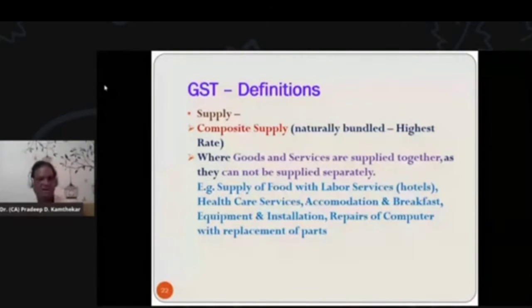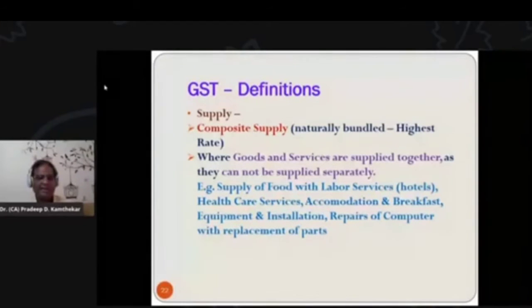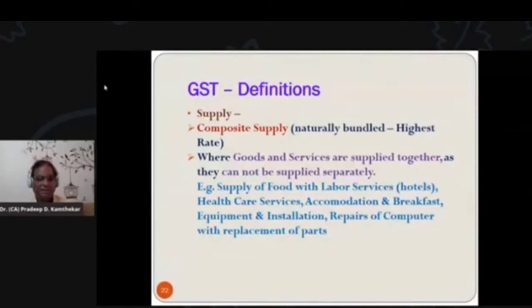Let us take an example of composite supply. When we go to any hotel, nowadays because of Corona we can't go and sit there, but we can definitely get parcels because parcel counters are open now from this Unlock One for the last few days. But suppose you are going and sitting in the hotel and ordering something, eating there.